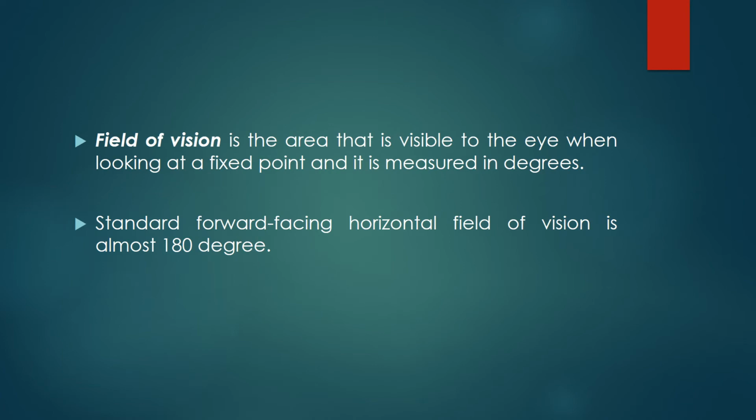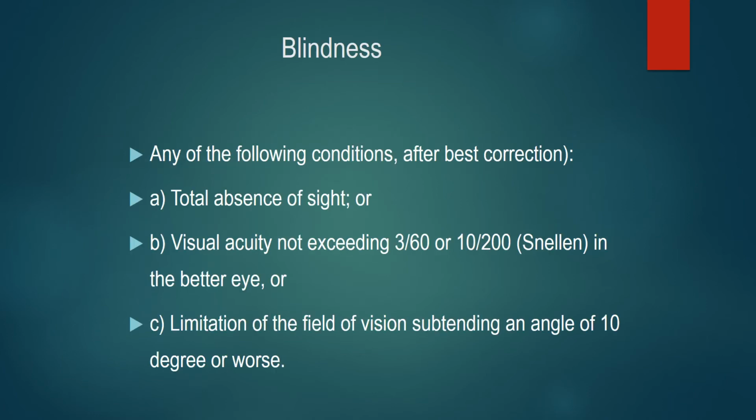Visual acuity concerns the distance straight in front, and field of vision is the area from left to right, what area he covers as an arc, and it is measured in degrees. Okay, let's come to the types of visual impairment.